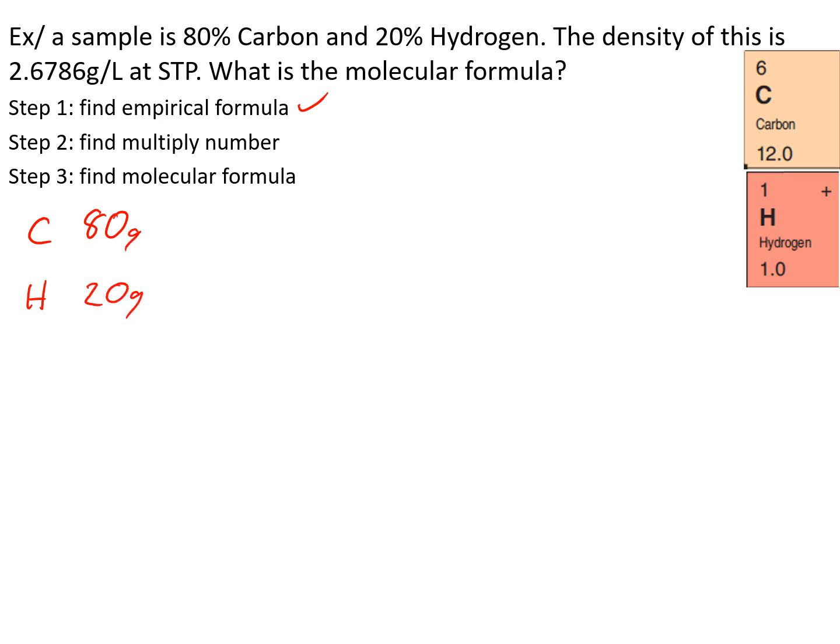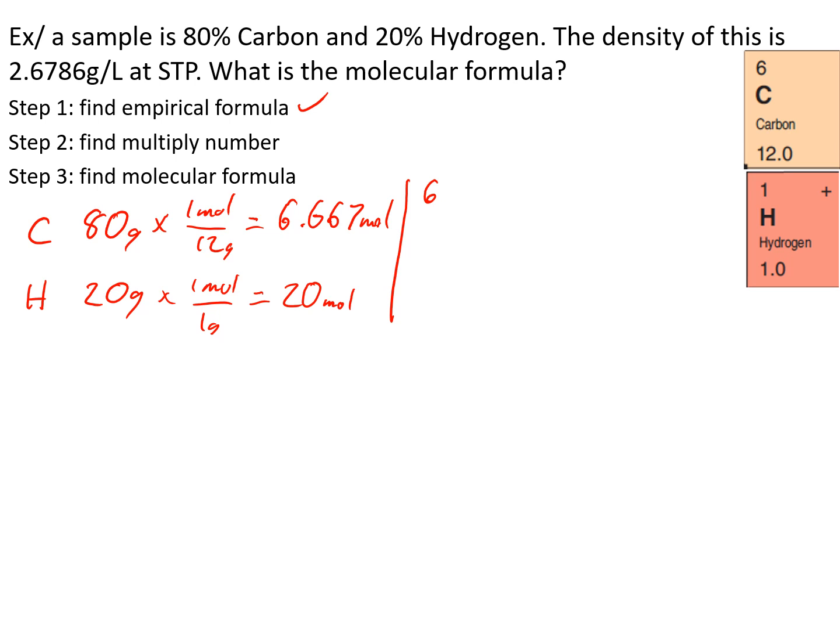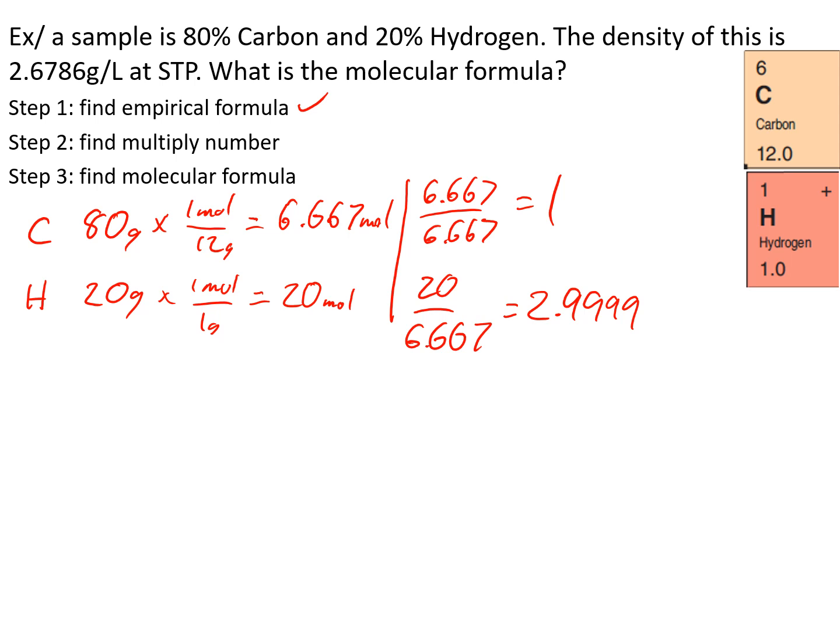Hydrogen is 20, means 20 grams, times, change that into moles. 80 divided by 12 is 6.667. 6.667 divided by 6.667 equals 1. 20 divided by 6.667 equals 2.999, okay, which is approximately 3.